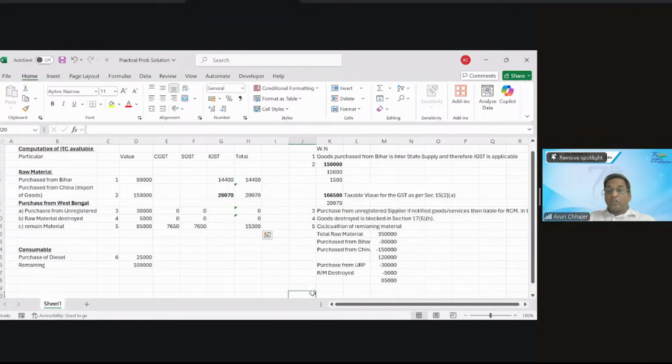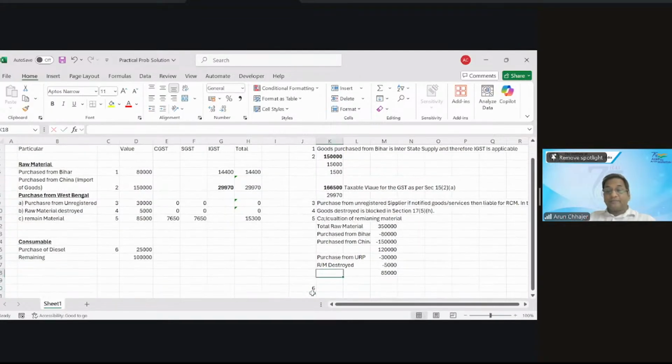It is not chargeable. So what will you write? As per section 9 subsection 2, the GST on petroleum products, you may write petrol, diesel, etc., is not leviable or is leviable as per the recommendation of the GST Council.